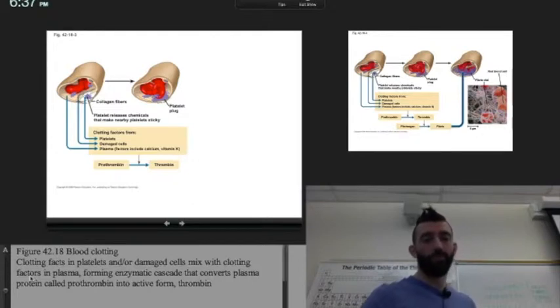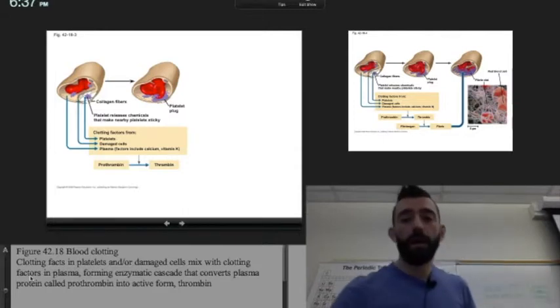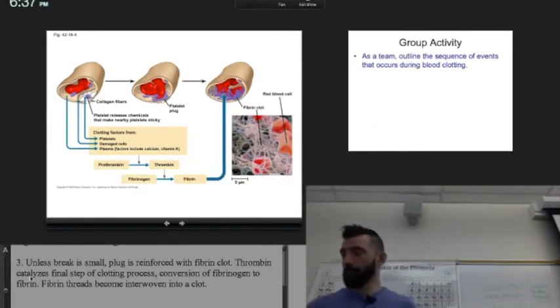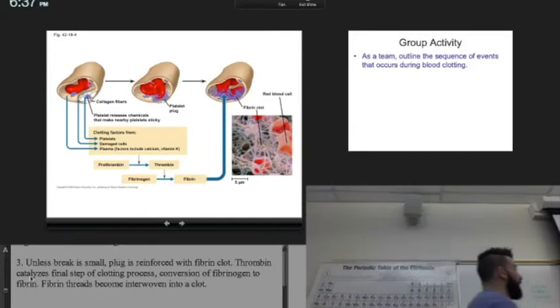Okay, so both your book and I are being very vague about that particular enzymatic cascade. The only part that they and I want you to care about is this conversion of prothrombin to thrombin, and then thrombin acts on fibrinogen and activates it into fibrin.